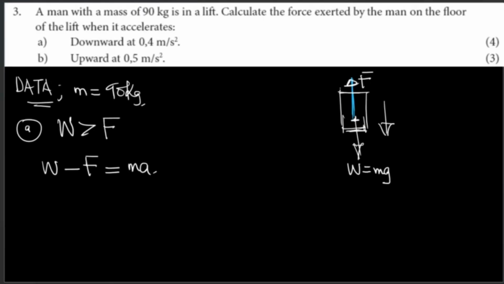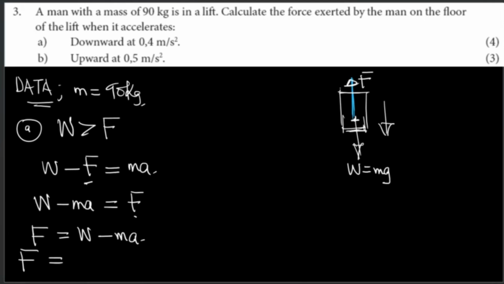With the force that is exerted by the man, I can rewrite this expression as W minus ma equals F. This is the value that we are actually looking for. F is going to be equal to the weight minus mass times acceleration. So we can write this as mg minus ma. So the equation will now become m(g minus a).